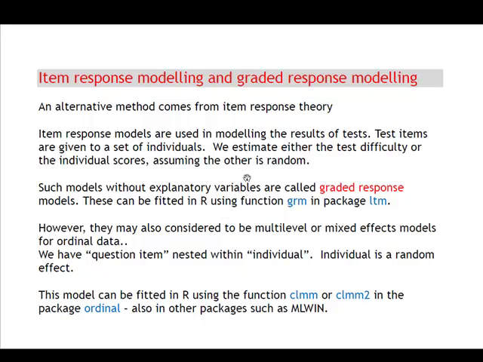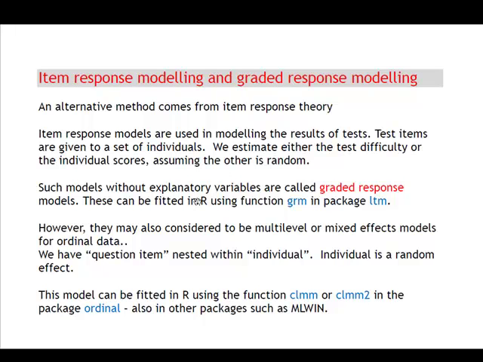And normally we estimate one of those, so we may be interested in the individuals, but not in scores for the questions, or we may be interested in ranking the questions and not so much the individuals. For ordinal data, these are called graded response models.